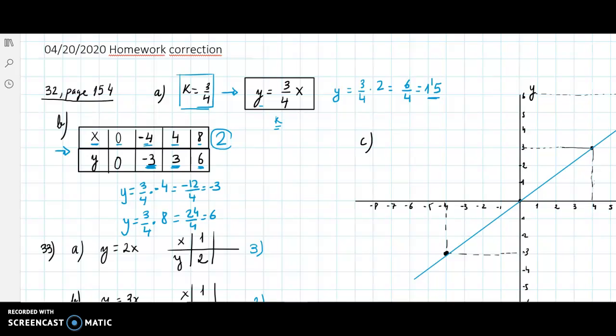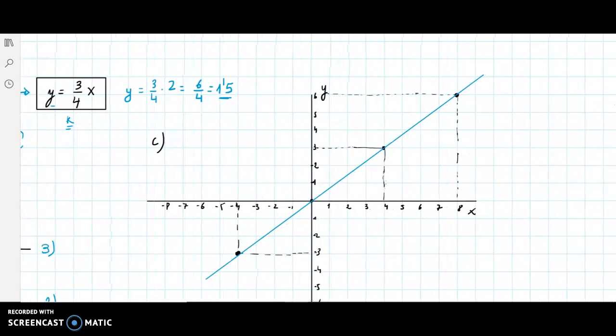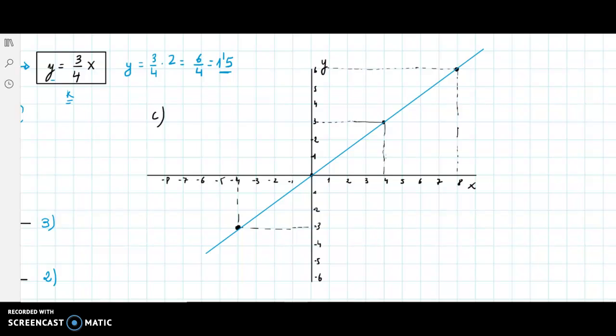After you have the table of values, you can represent the function. These points are the points that I have in my table. So the 0, 0, the 4, 3, the 8, 6, and the -4, -3.